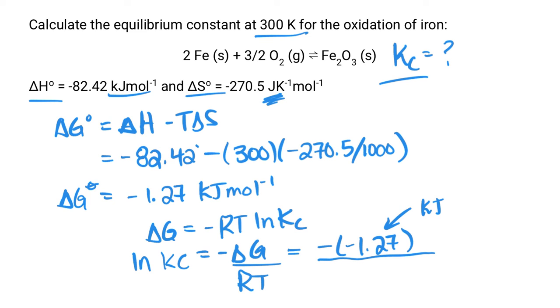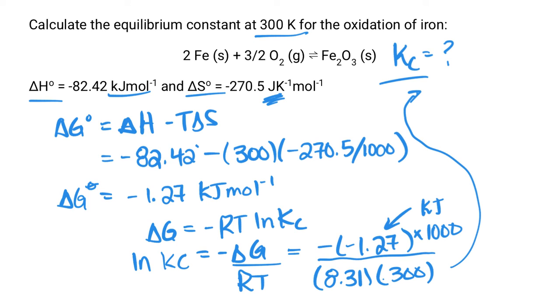You can multiply this one by 1,000 to put it into joules, or you could divide the R by 1,000 to get it into kilojoules. It doesn't really matter which way you go about it. But let's plug in our other values here.